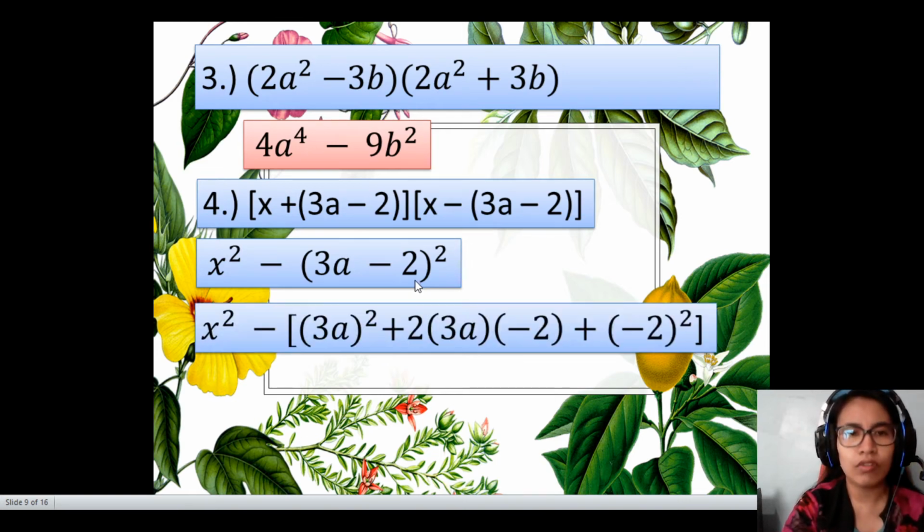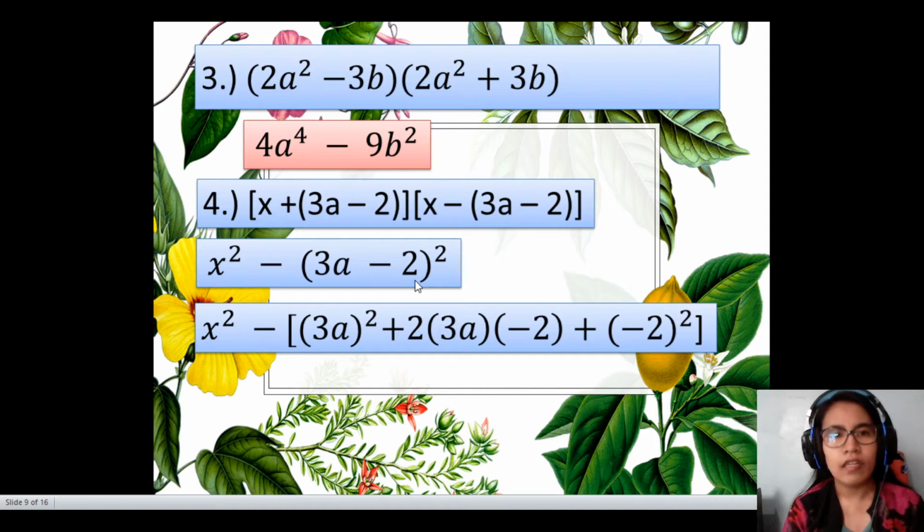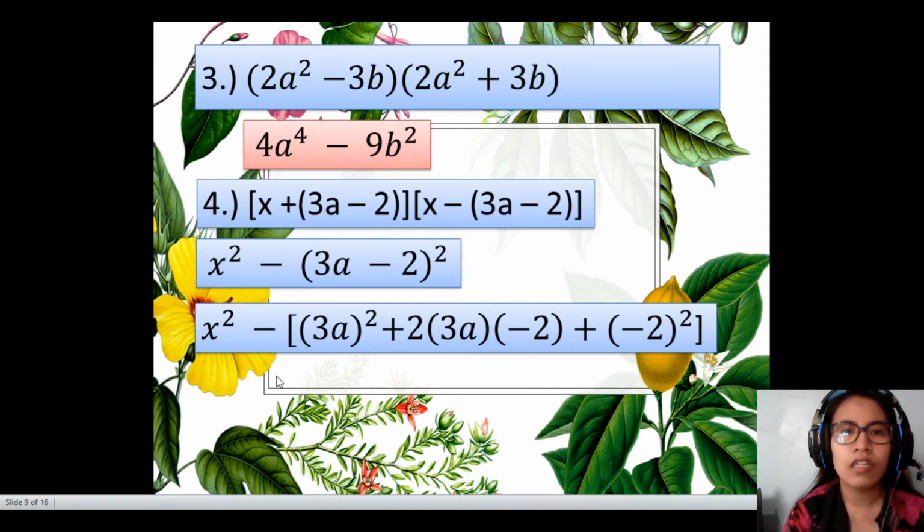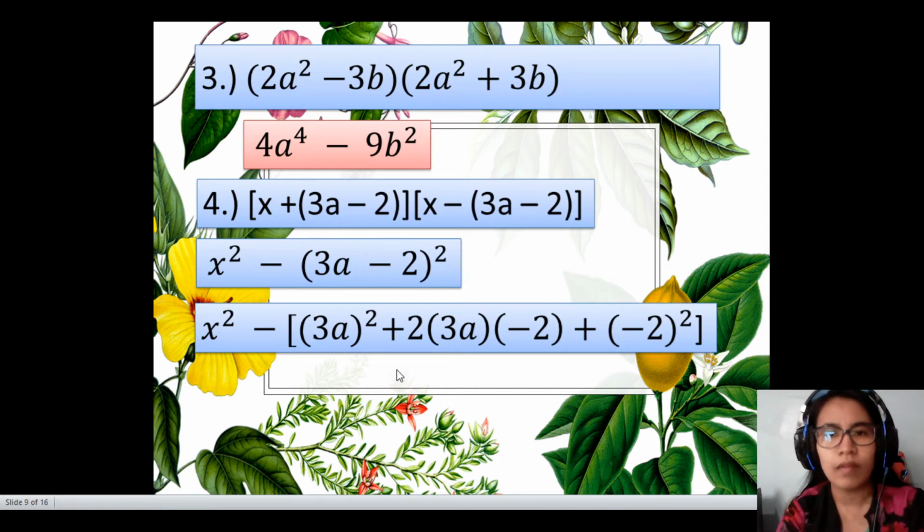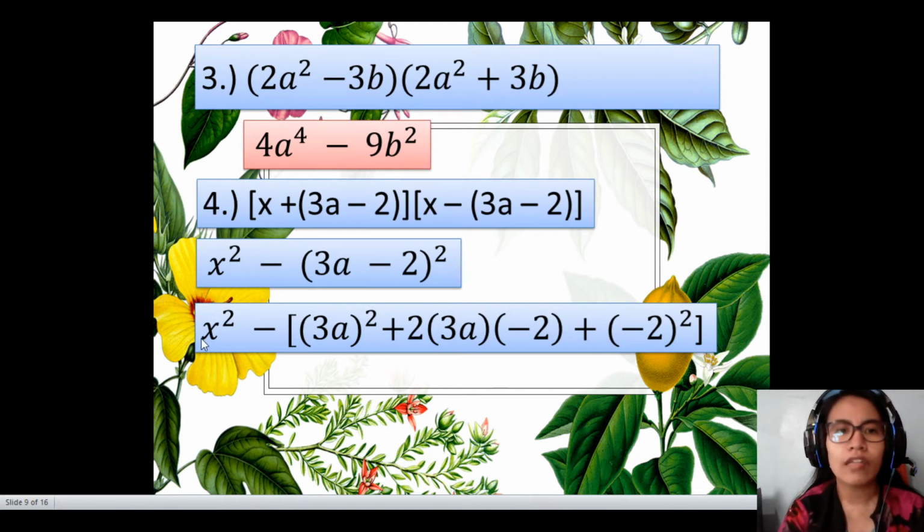So this is how it looks. I already told you the final answer, but this is the next step in writing it. So x squared minus, put a bracket before, since you already used the parenthesis inside, therefore your last is the bracket. So 3a squared plus 2 times 3a times negative 2 plus negative 2 squared.